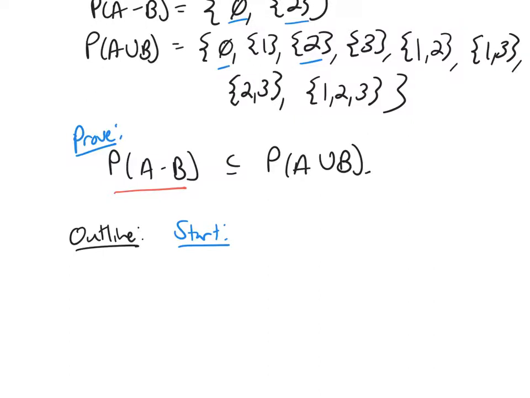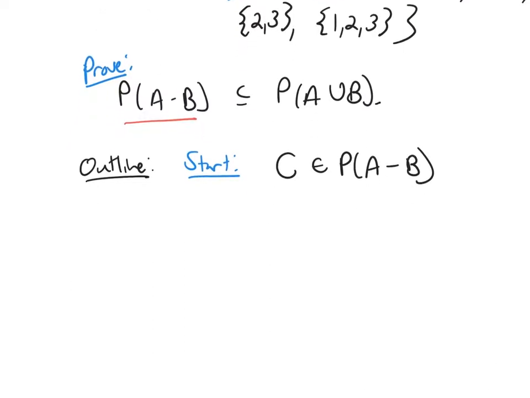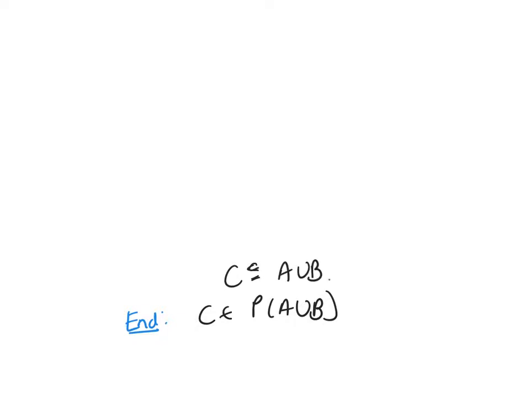So I'm going to choose C, capital C, when I talk about sets, to be in the power set of A minus B. And then in the end, I need to say that C is in the power set of A union B. So down here, the end of my proof will be that C is in the power set of A union B. Well, remember, the elements in the power set are subsets of the set. So this means C is a subset of A union B.